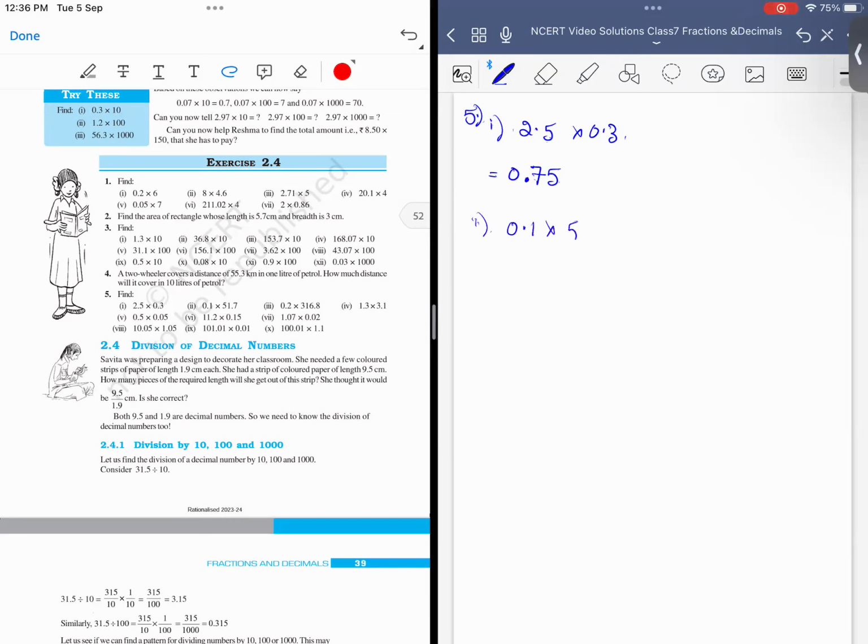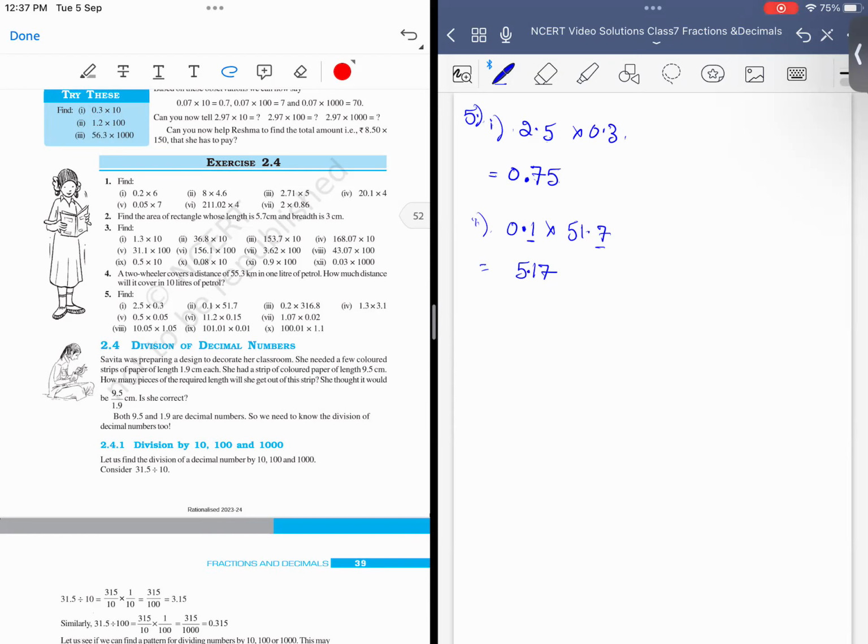Likewise, the second question, 0.1 into 51.7. Now we know that 1 multiplied to a number is the number itself. So write 517, and the decimal will be put after 1 place and 1, so total 2 places, so that will be 5.17. Likewise, we can do the rest.